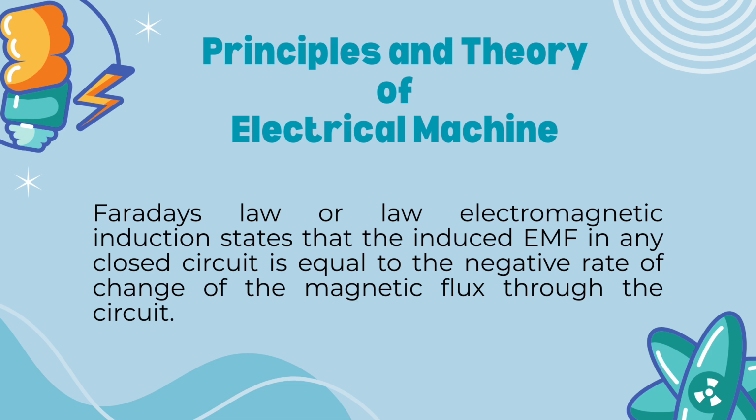It says that when the magnetic flux inside a closed circuit changes, an electromotive force, or voltage, is induced in the circuit. In simple terms, a changing magnetic field can produce electricity, and this is the basic working principle of electrical machines.